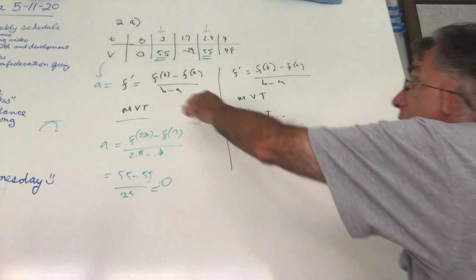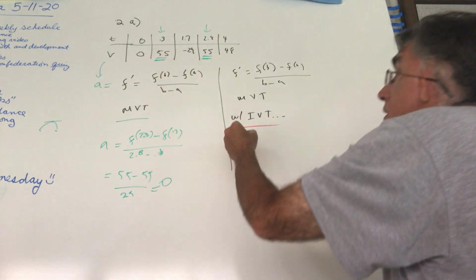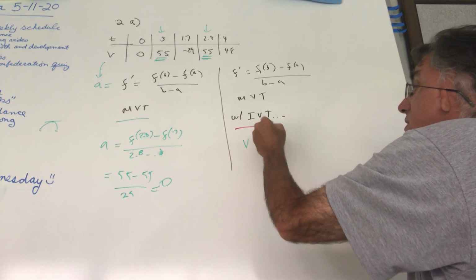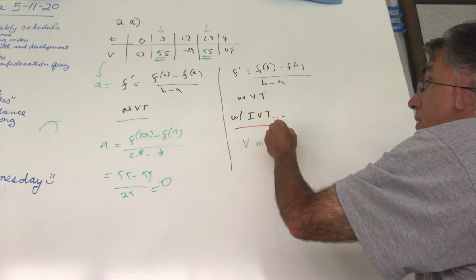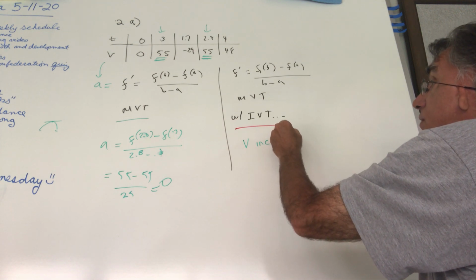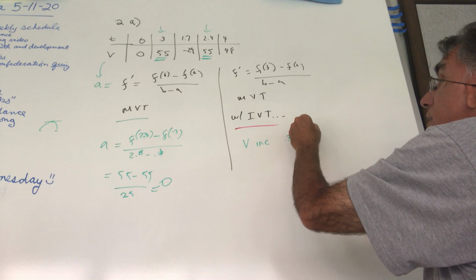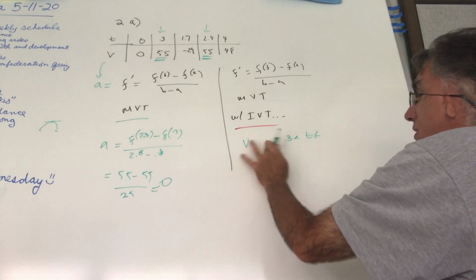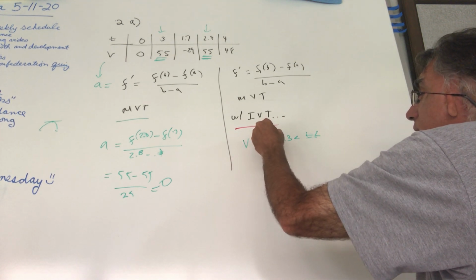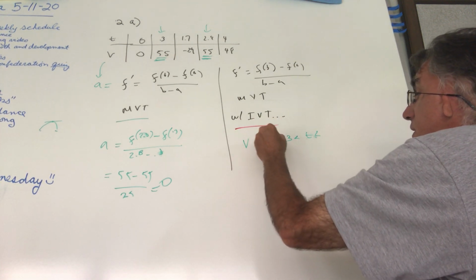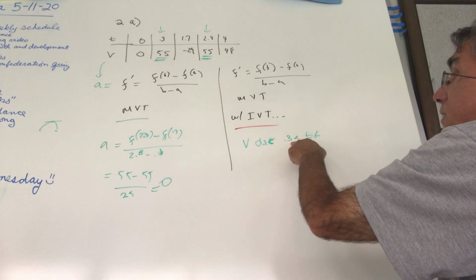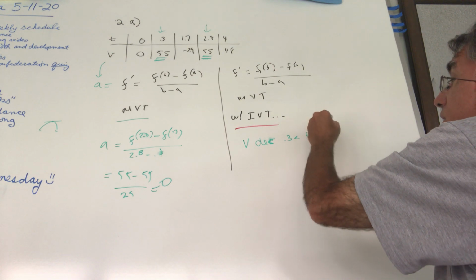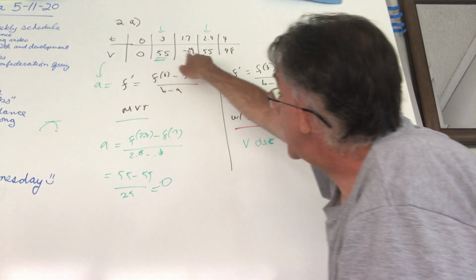You would say the velocity decreases, sorry, my fault, the velocity is decreasing between 0.3 and 1.7, because it goes from 55 to negative 129.